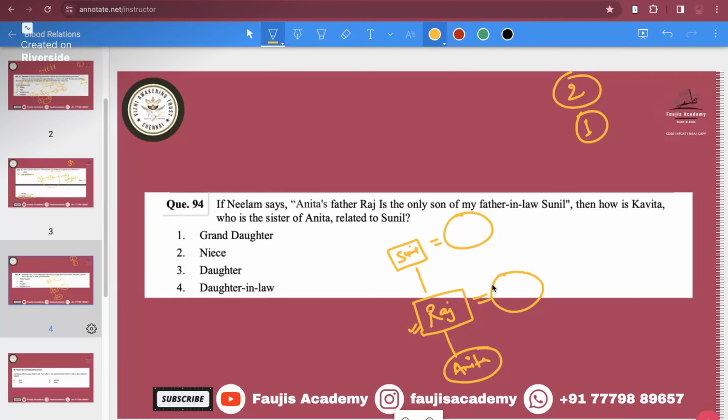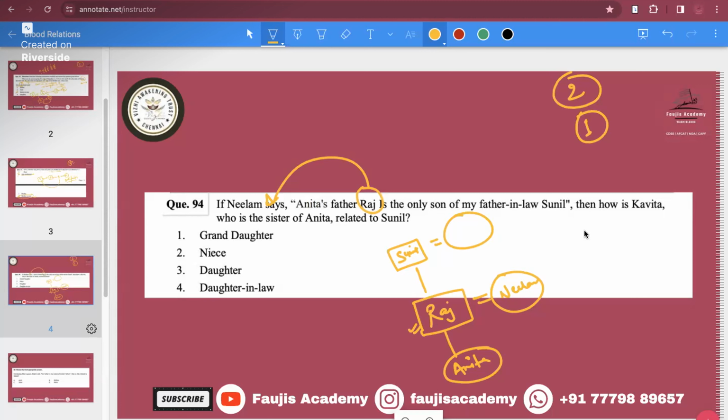My father-in-law Sunil. So Neelam should ideally be placed over here, right, guys? Is it correct or wrong? Raj will have a wife. Anita's father, that means Raj is basically Neelam's husband. Neelam's father-in-law is Sunil, and Sunil's only son is Raj, and Raj's wife is Neelam.